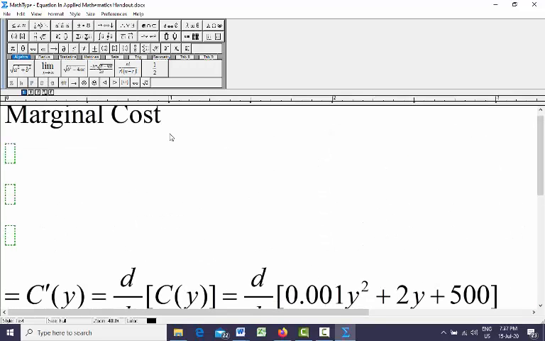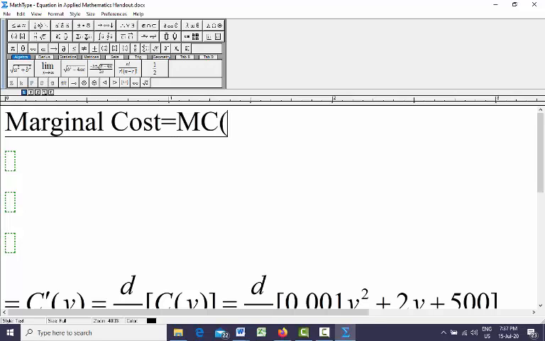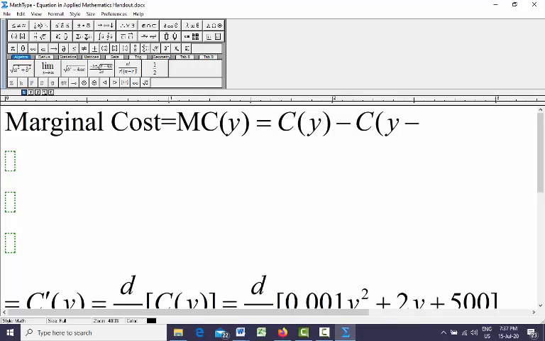Marginal cost can be written as MC y, that means the marginal cost of producing the yth unit, which can be written as C y minus C y minus 1.